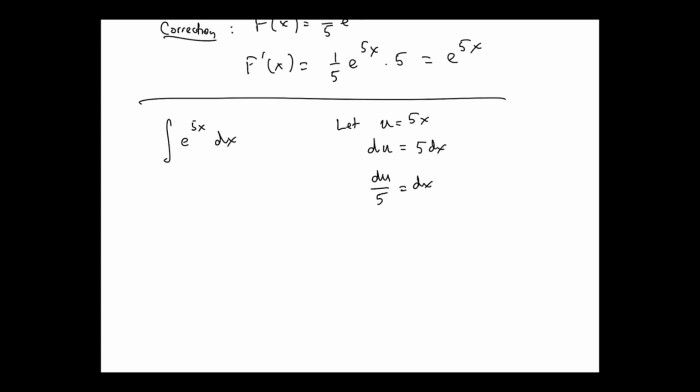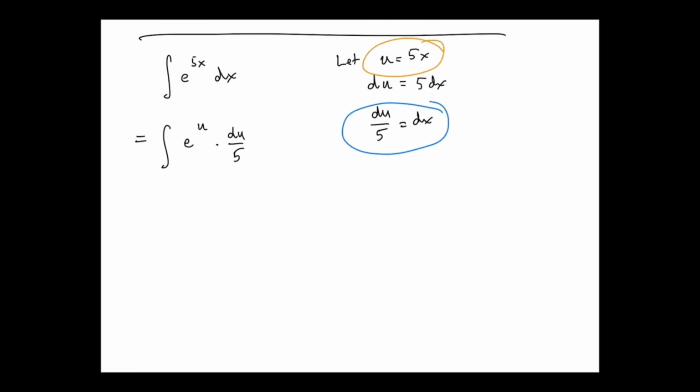Now if I substitute them into the original integral, I've got the integral of e to the 5x. That's now e to the u because 5x and u are the same thing by my choice. And then dx gets replaced with du over 5. Okay?